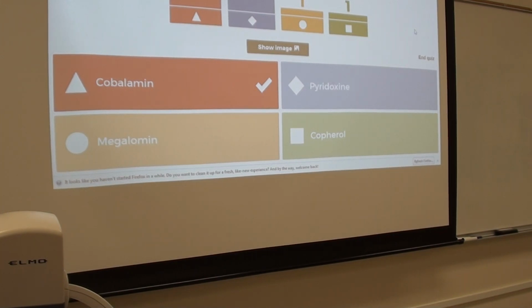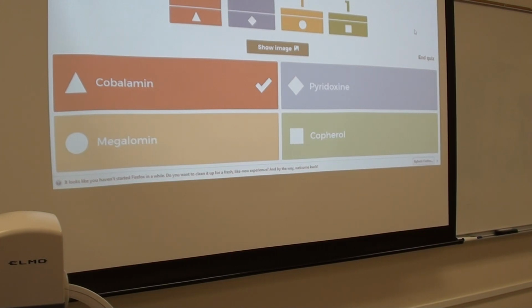So methylcobalamin is an active form of B12, and that's what a really high-end supplement is going to contain. If you don't know that you have this genetic defect and you can't convert it, then you might want to take something called methylcobalamin.